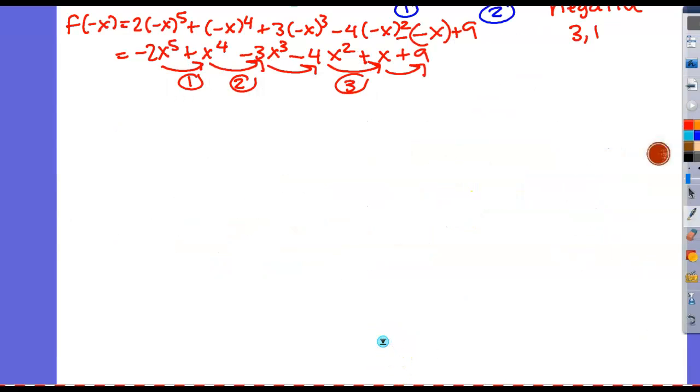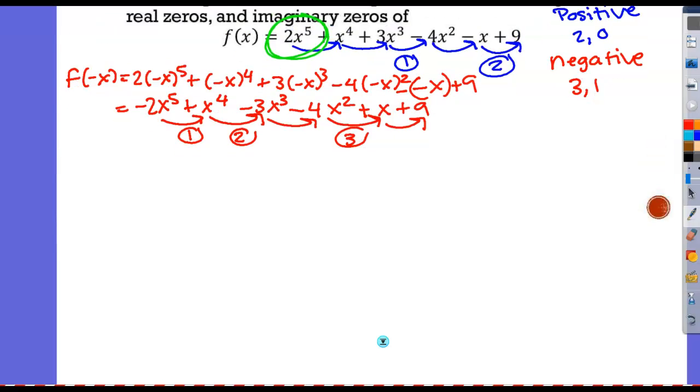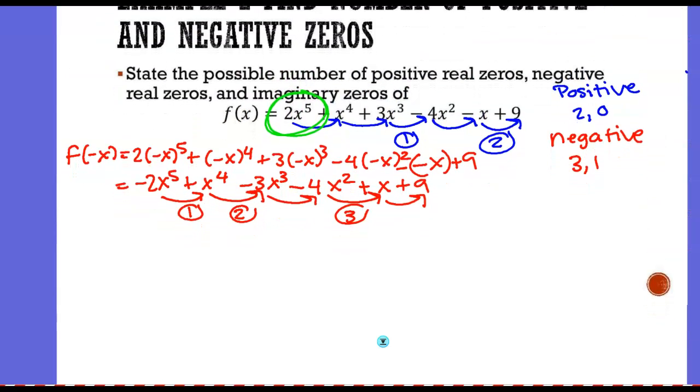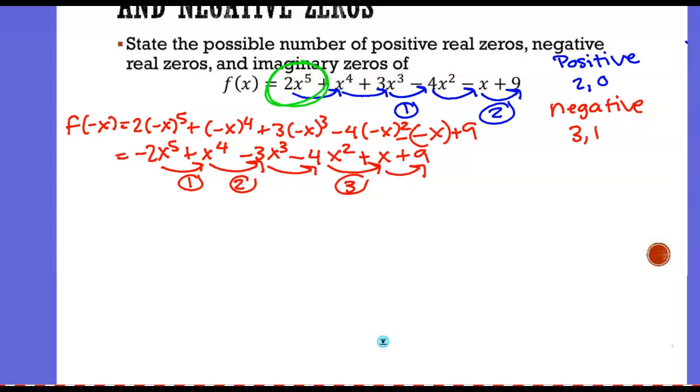So let's go ahead and create a chart that shows all the various possibilities for the type of roots that I could have. I have positive roots, negative roots, and imaginary roots. I like to start with a positive.